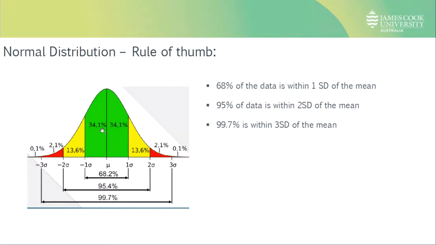Two standard deviations cover about 95% of the data, reaching between the yellow and green range. After three standard deviations there is very little, almost ignorable data to be considered. This is called the rule of thumb for the normal distribution.